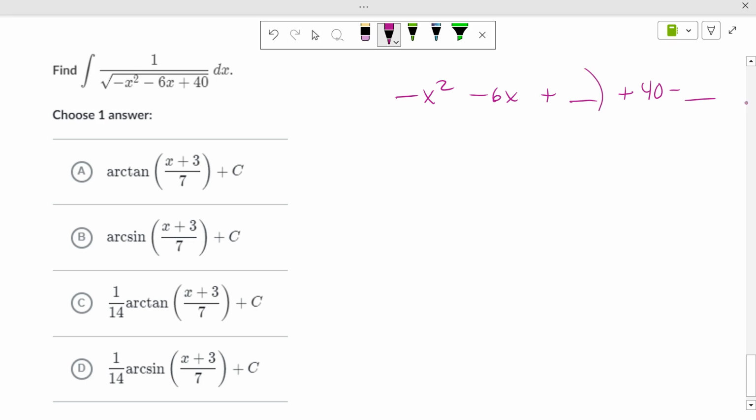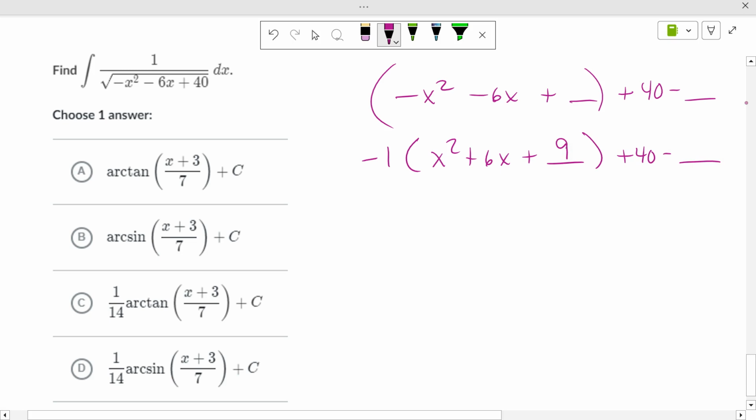Well, out of this part, I have to factor out a negative 1. What's half of 6? 3. 3 squared is? 9 is here. What's negative 1 times 9? Negative 9. So really, we added a negative 9 here. So we're going to subtract a negative 9 here, which means we add 9.